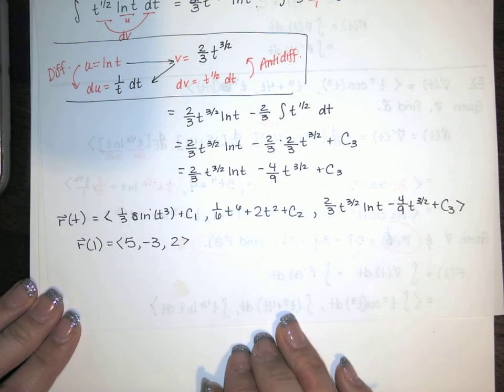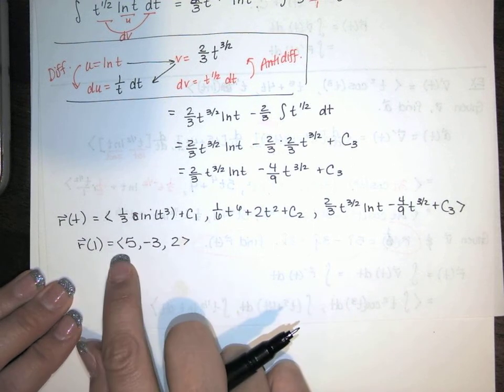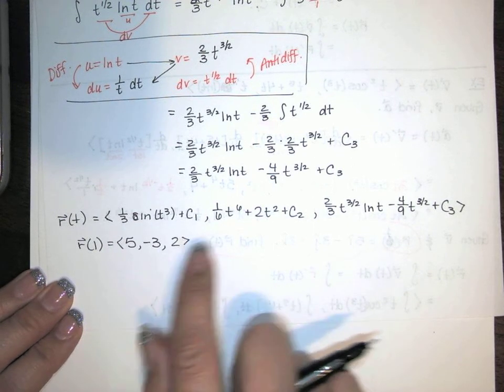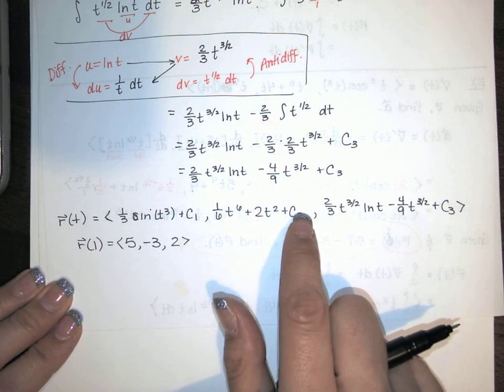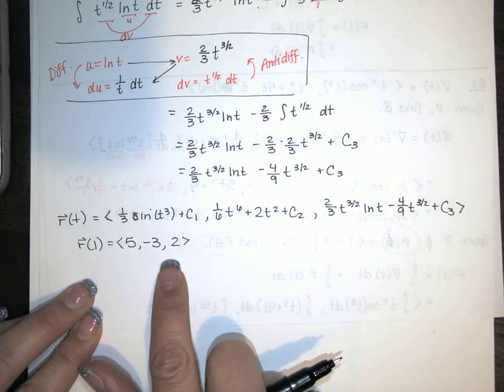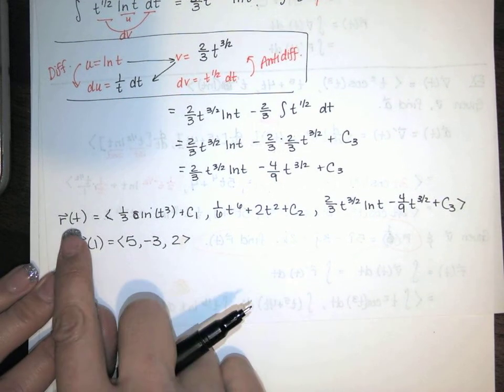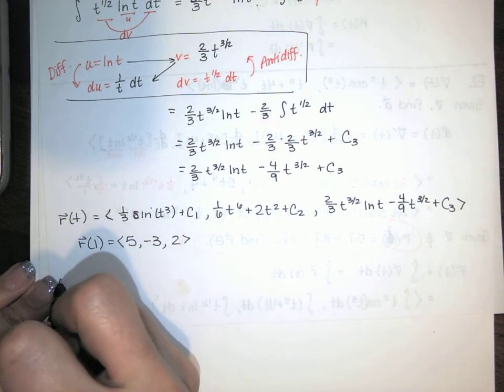And I want to use this to find C1, C2, and C3. That's easy enough. If you plug in 1 for t here, the x value is supposed to be 5. And when you plug in 1 for t here, the y value is supposed to be -3. And when you plug in 1 for t over here, the z value is supposed to be 2. So we can replace t with 1.